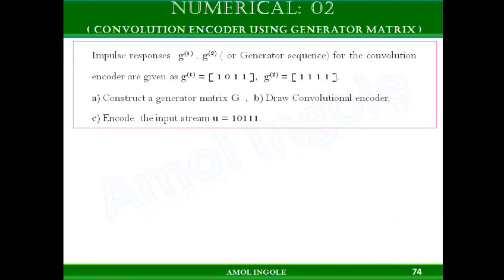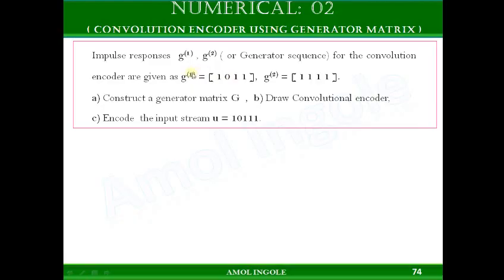We'll see one example of convolution encoder using generator matrix. The statement of the numerical is: impulse responses G1 and G2 for the convolution encoder are given as G1 equal to 1011.